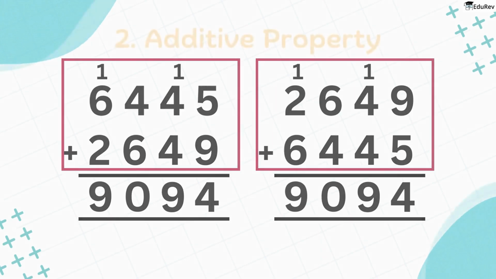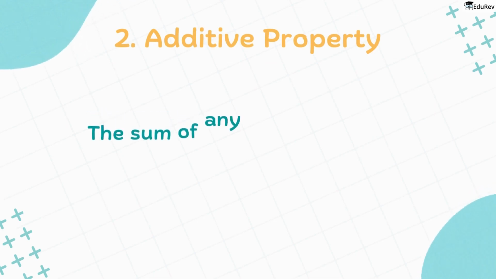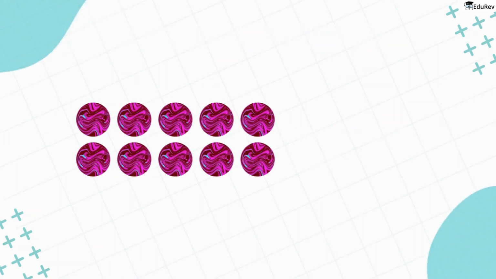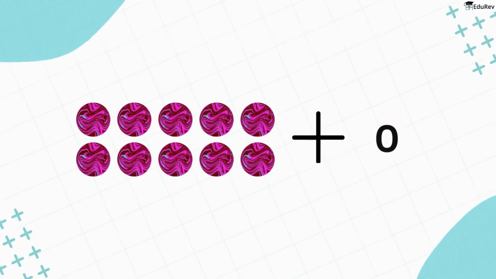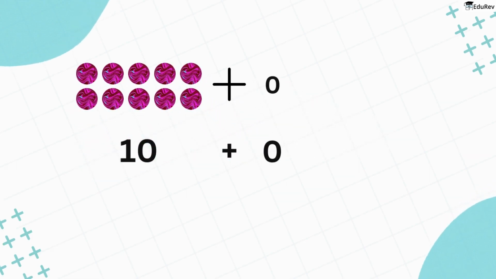The second property of addition is the additive property. It states that the sum of any number and 0 is that number itself. Let's say you have 10 marbles with you and you add 0 marbles to it. When you add 0 to 10, you get the answer 10, which is the number itself.